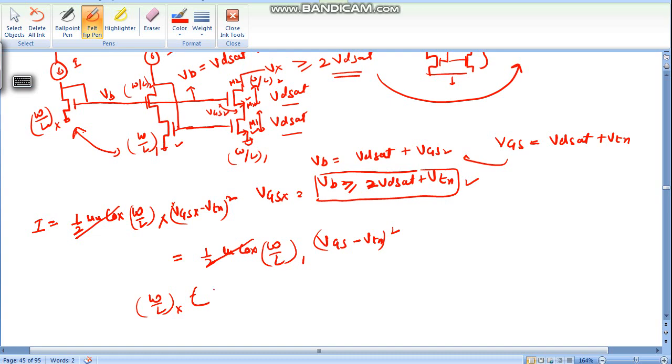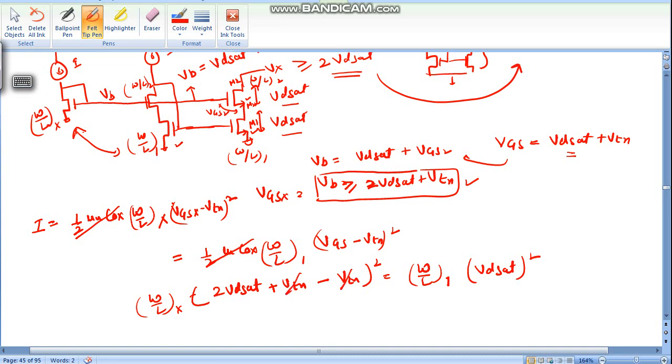VB is the minimum required, 2Vdsat plus VTN. So W by Lx times (2Vdsat plus VTN minus VTN) squared equals W by L1 times (VGS minus VT) squared, and VGS minus VT is Vdsat. So Vdsat squared. So VTN will cancel.